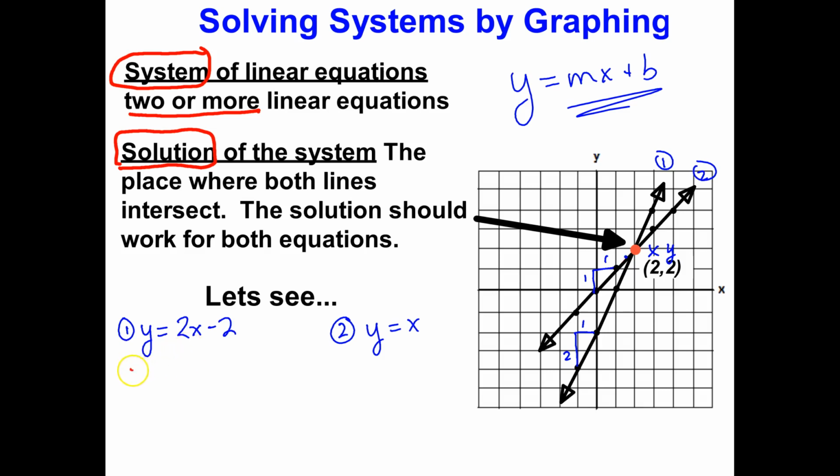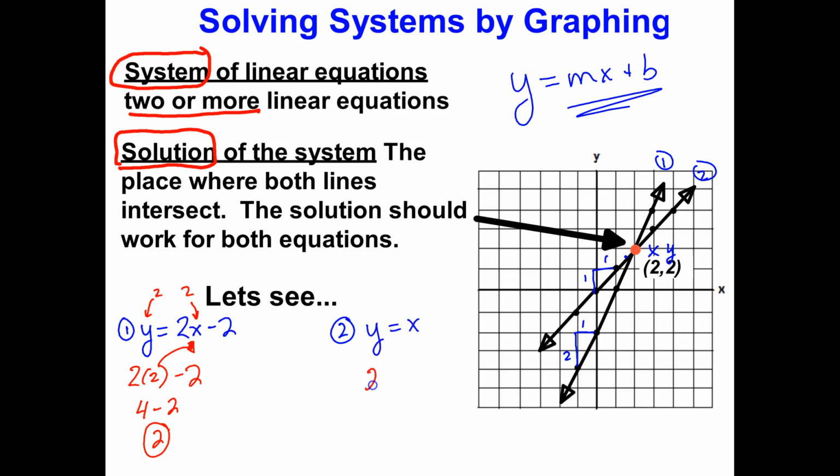So if I put in 2 times 2 minus 2, 2 times 2, I'm putting it there, input right there, y'all. All right, so 4 minus 2 is 2. That's my output. So when I put in 2, I get 2. That's true. It is on the line.